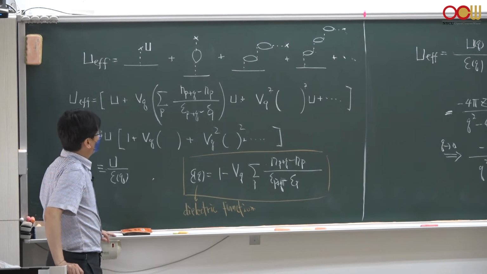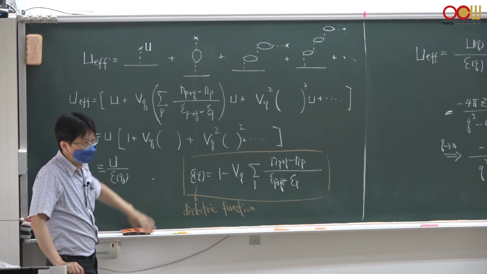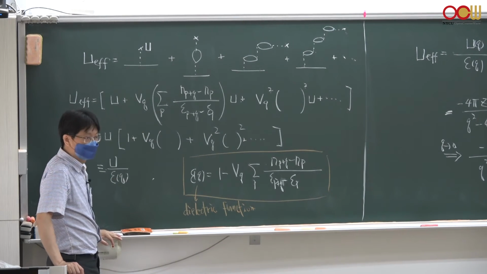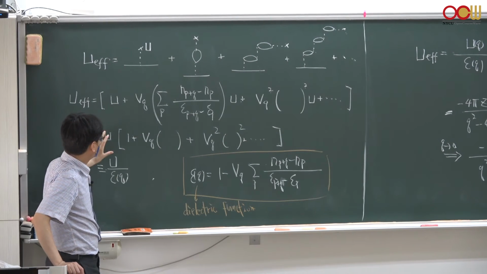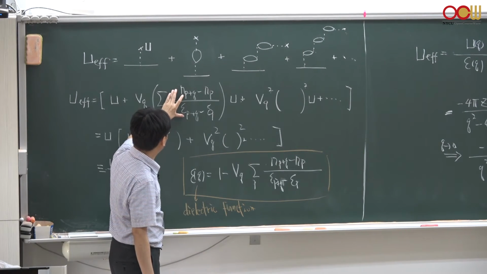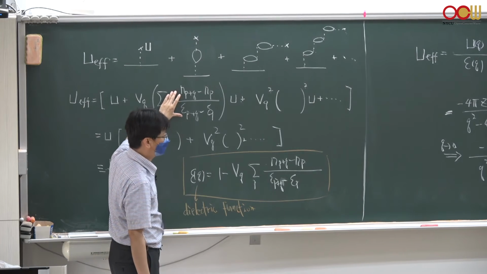And you could simply sum over all these terms and form a geometric series, because you could simply define this quantity, these complicated terms inside the bracket.